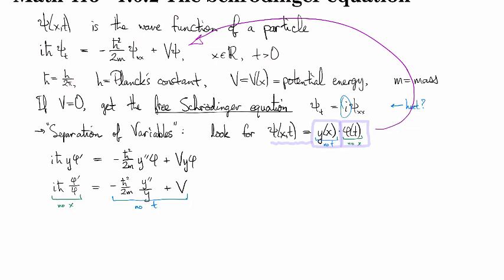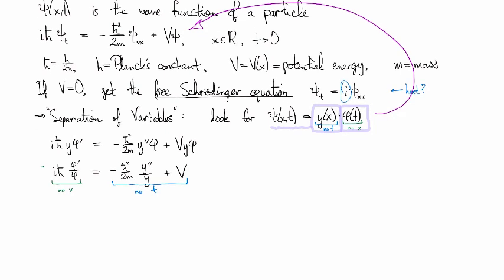So for instance, the left-hand side, since there's no x's anywhere in it, if I were to apply the partial differential operator d dx to the left side, I would end up with 0. Okay, so then that tells me that on the right-hand side, this has to be a constant function.